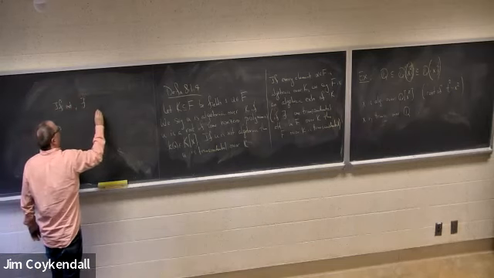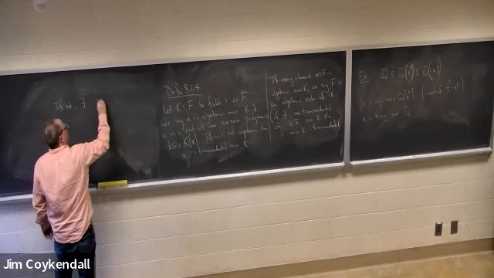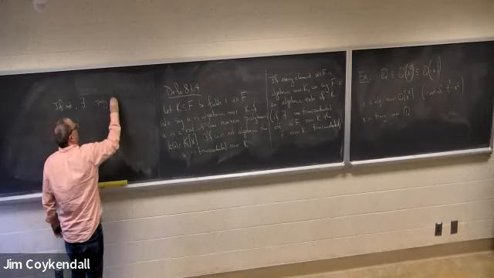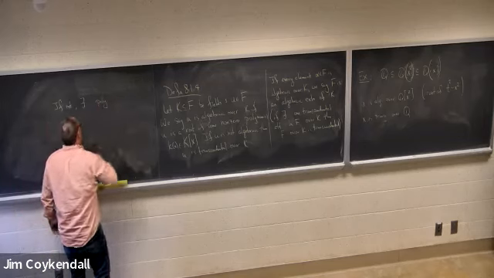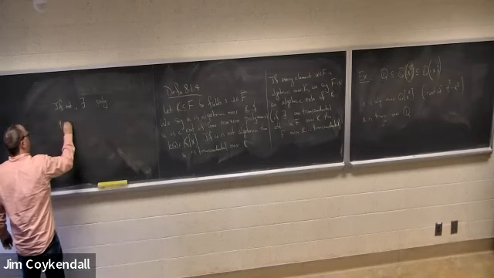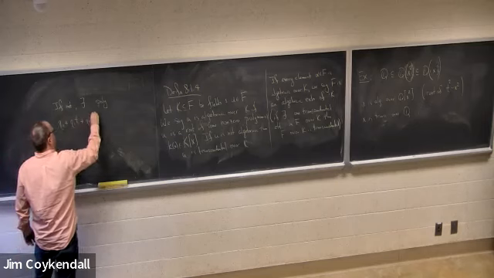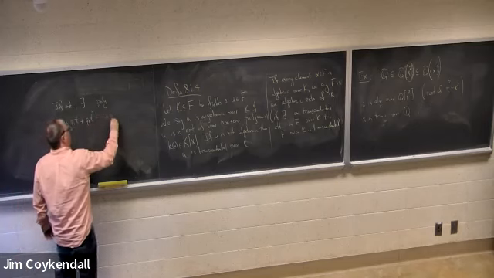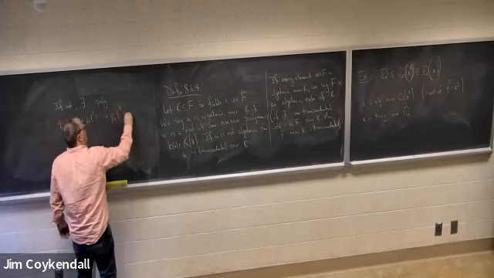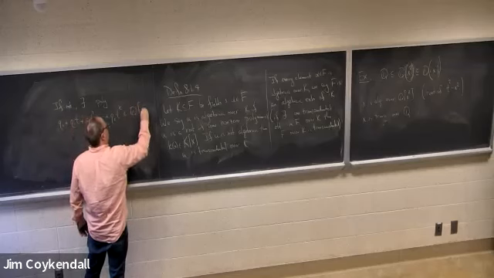there exists a polynomial, let's say Q0 plus Q1T plus Q2T squared plus up to QkT to the k in Q[T].